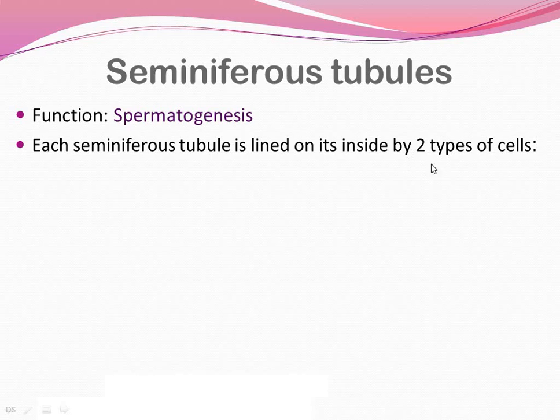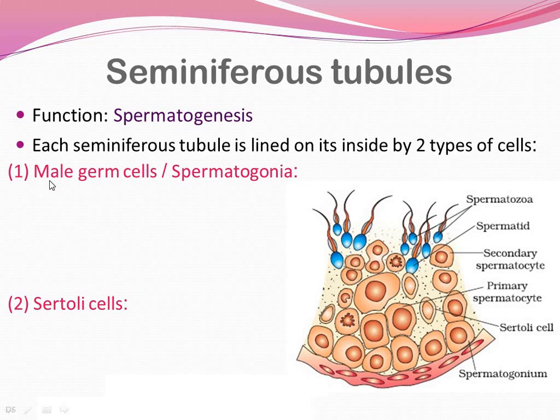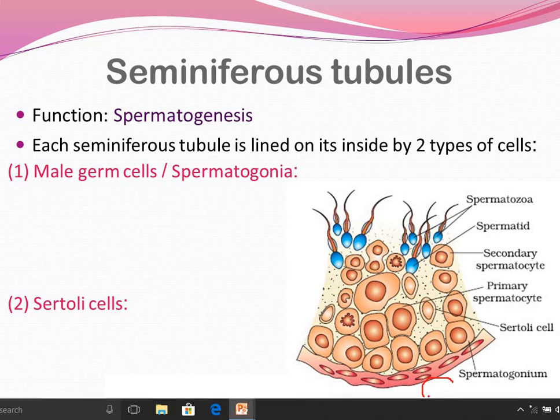So for that purpose, to know which cells give rise to the sperm cells, you need to learn the histology, right? Each of these seminiferous tubules is lined on its inside, remember, on its inside by two types of cells. Those cells are the male germ cells, what we call spermatogonia, and second, the nursing cells which help in the nourishment of the spermatozoa, and those are called Sertoli cells. Remember that the cells which we refer to as Leydig cells or interstitial cells are present outside the seminiferous tubule, somewhere here.